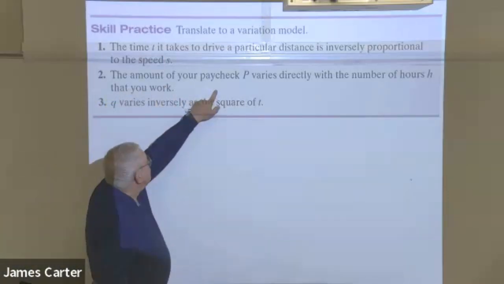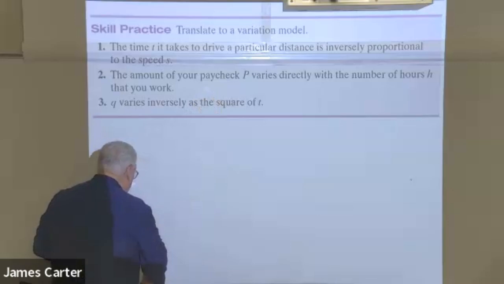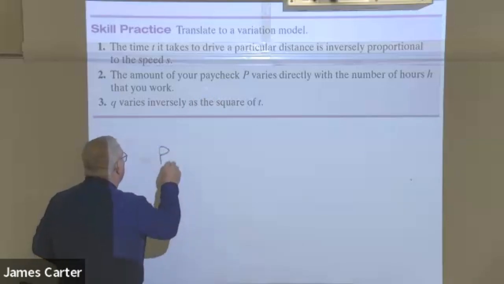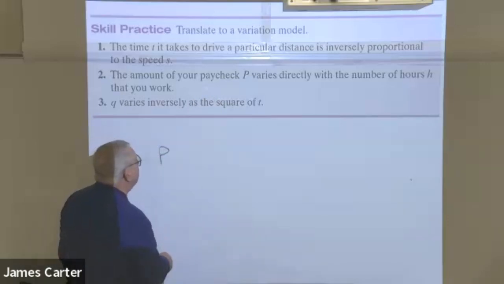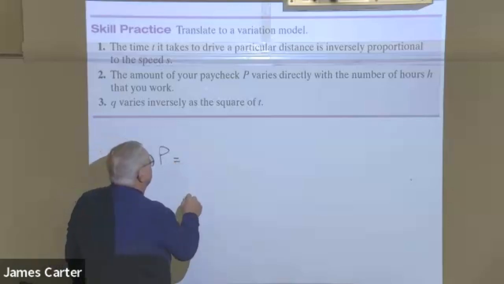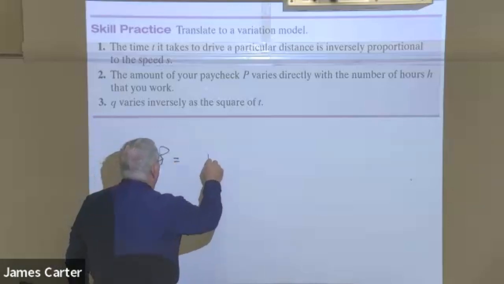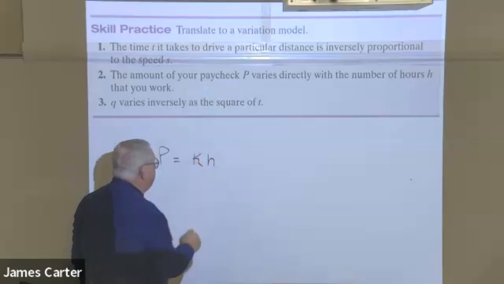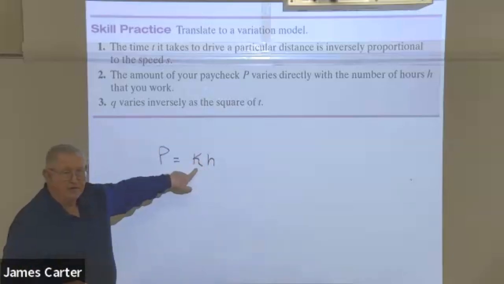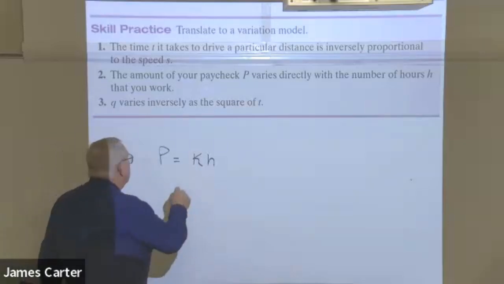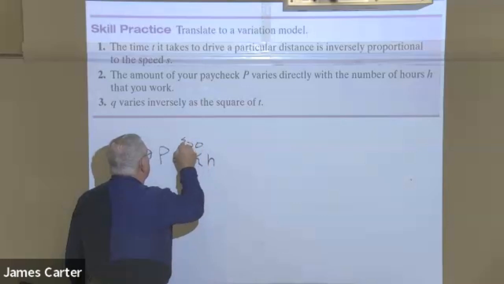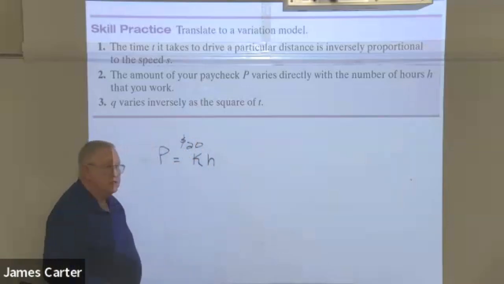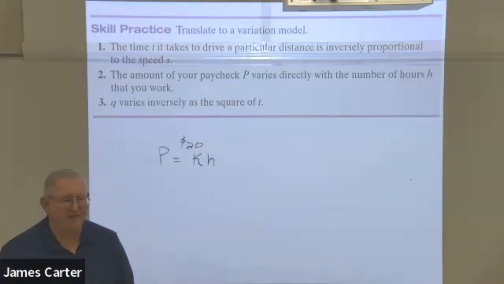The amount of your paycheck, P, varies directly, either up or down, to the number of hours that you work at whatever pay rate you have. Okay? Let's put in $20 an hour. Back when I was in college, you were lucky if you got 5. Most of the time, it was more like 3.50 or 4.